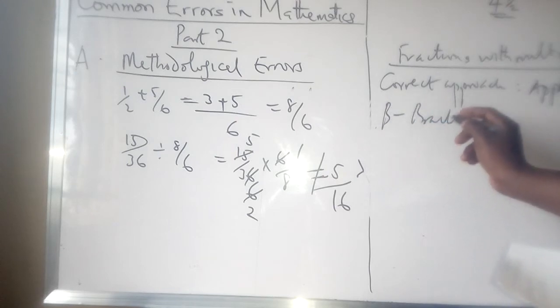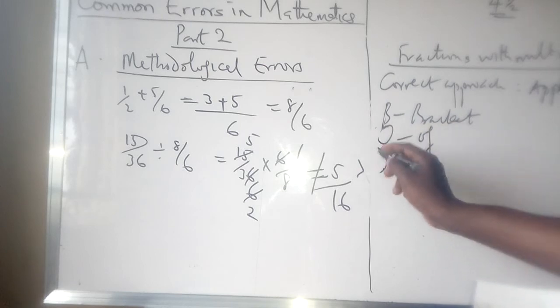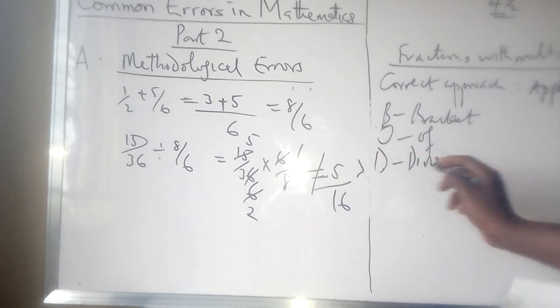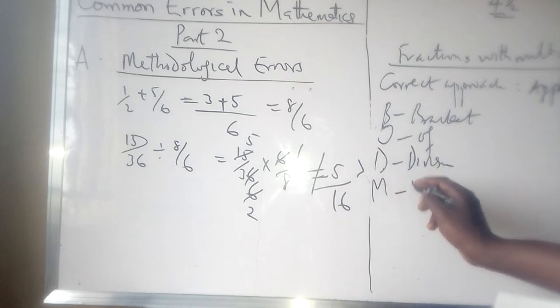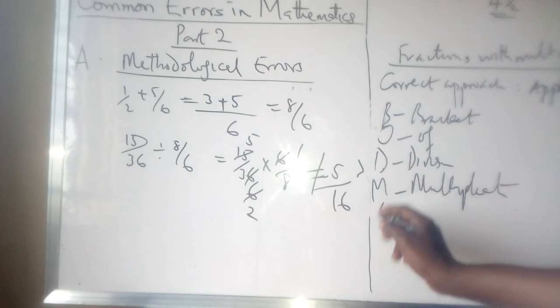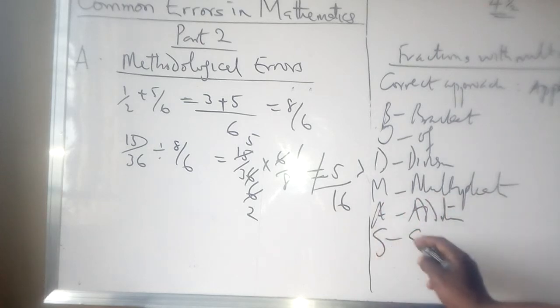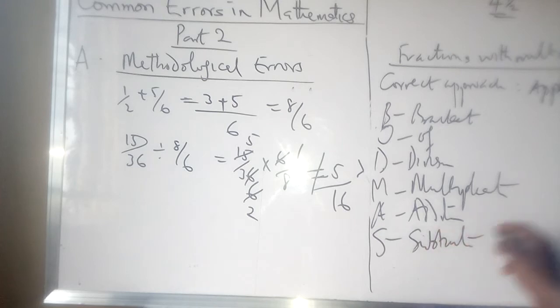Brackets, that's the meaning of B. O means of, and D means division, and your M means multiplication. Okay, and your A means addition, and your S means what? Subtraction. So we apply BODMAS.